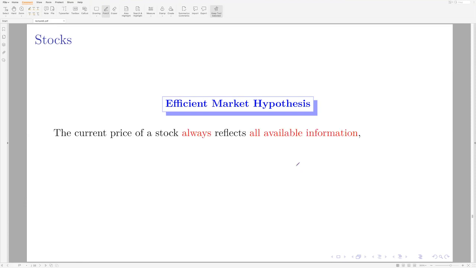The hypothesis says that the current price of a stock always reflects all available information, and it will change only with the arrival of new information. It means all the information that is known to the market is already factored into that.